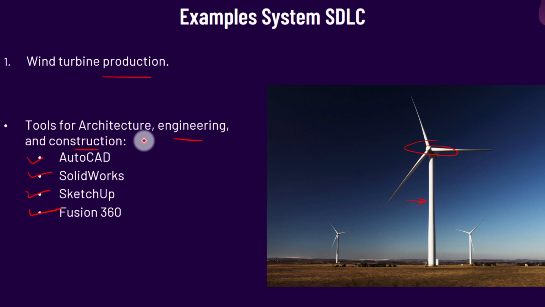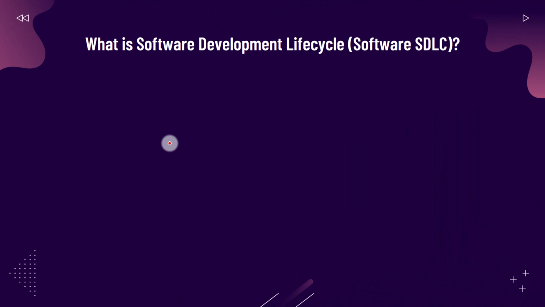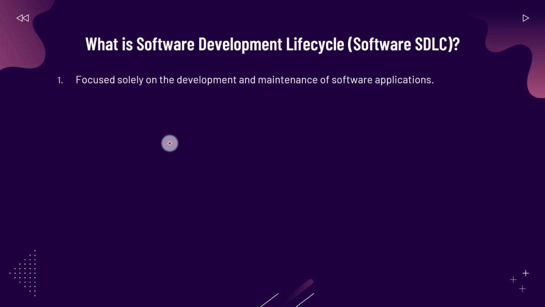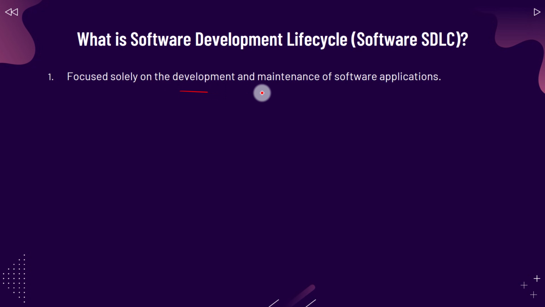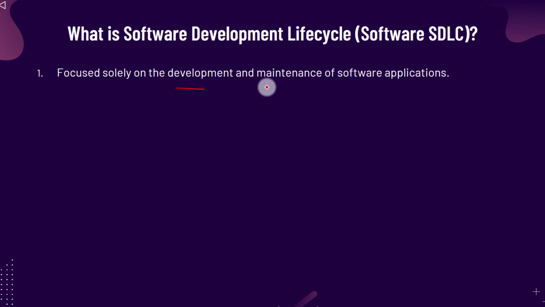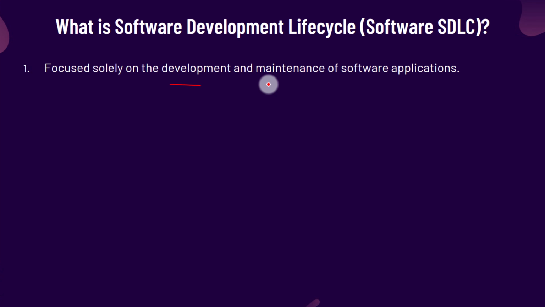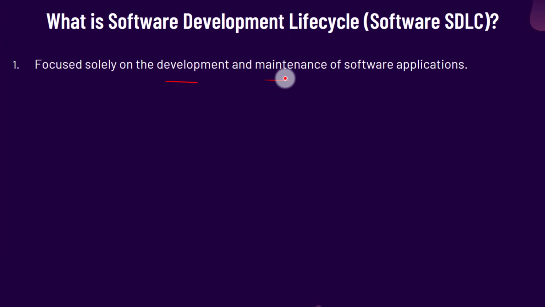Now that we have covered the system development lifecycle, let's move on to the software development lifecycle. The software development lifecycle is all about creating and maintaining software applications. We can think of it as a branch of the broader system development lifecycle, sharing many of its features.